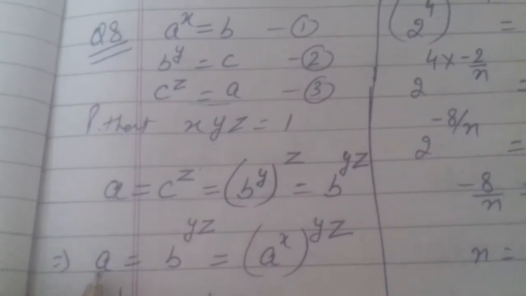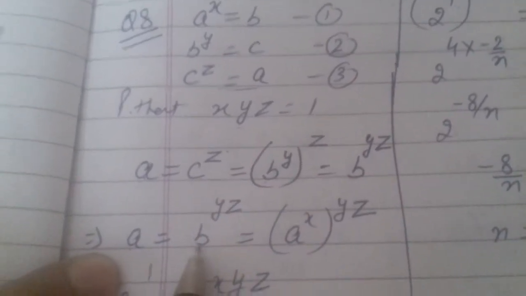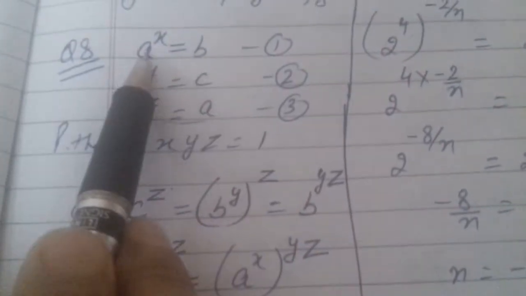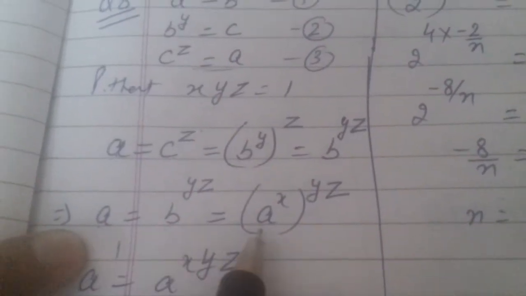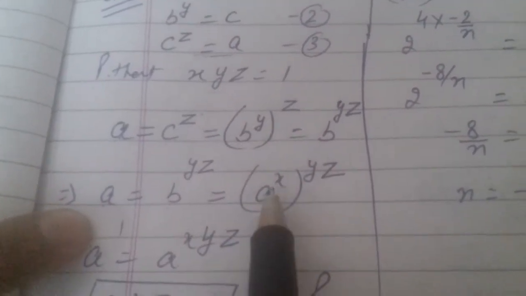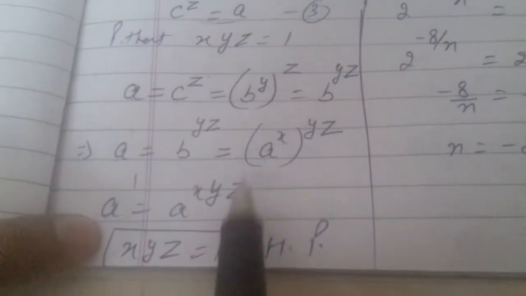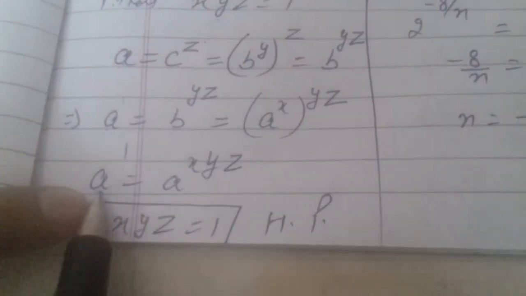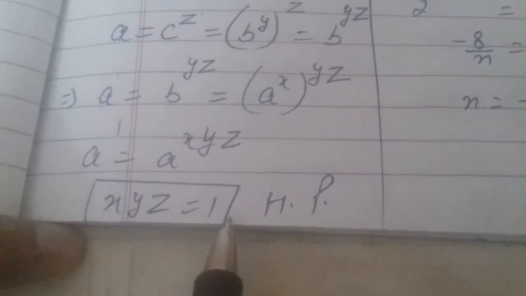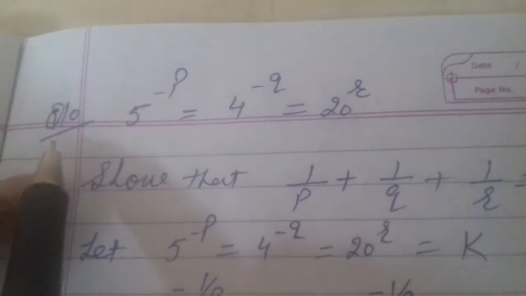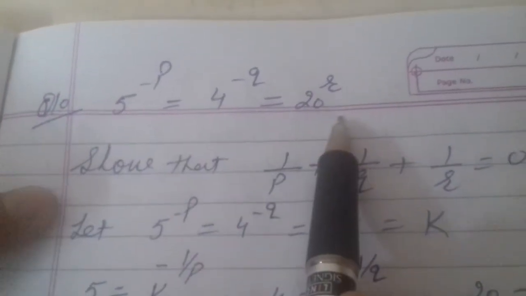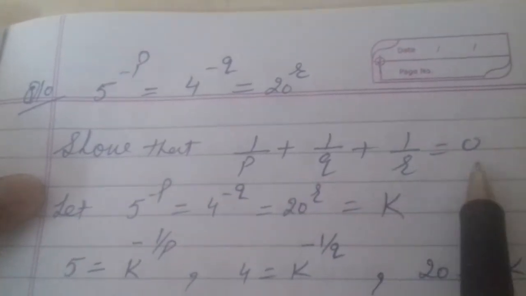Now we got a is equal to b power yz. Now what is the value of b? a power x. Can I replace b with a power x? Now here what will you get? a power 1 this side and this side a power xyz. You can compare: xyz is equal to 1.